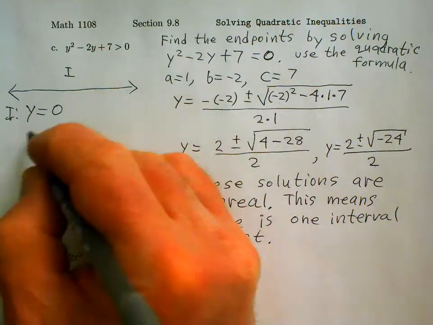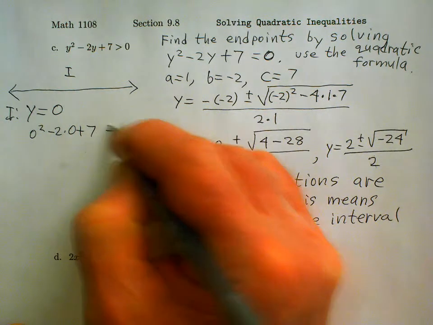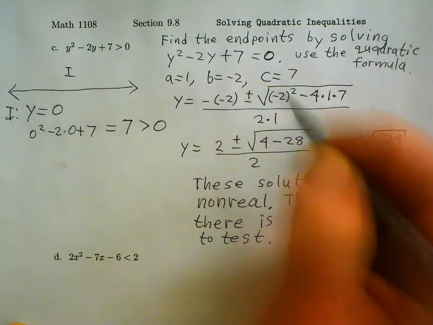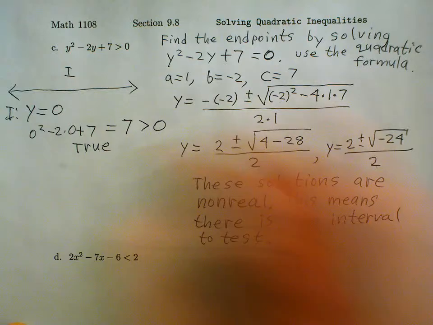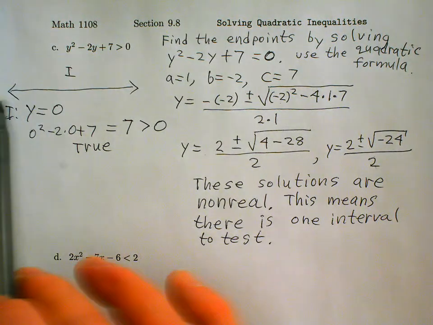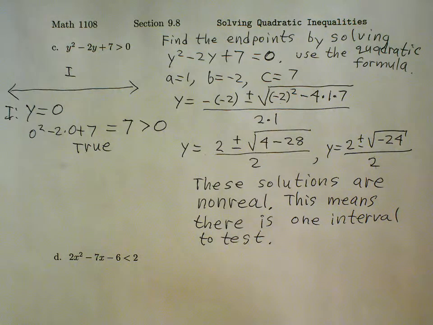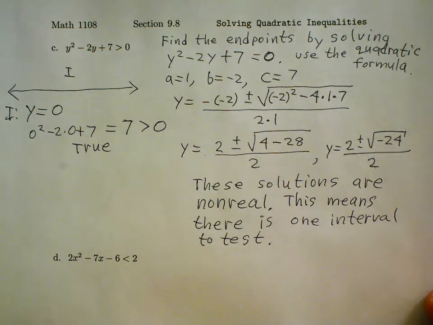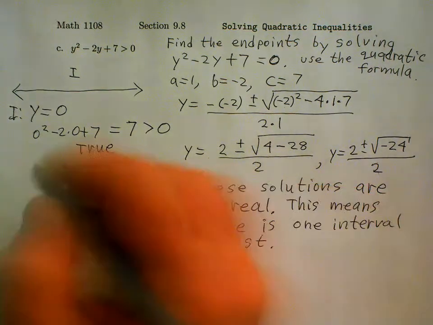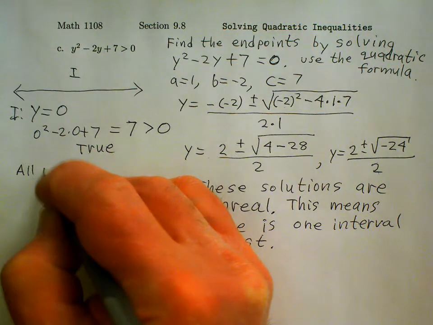We get 0 squared minus 2 times 0 plus 7, which simplifies to 7, and 7 greater than 0 is true. So that just means every real number between -infinity and +infinity is a solution. So all real numbers are solutions.